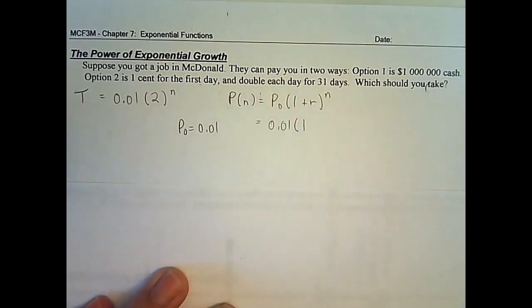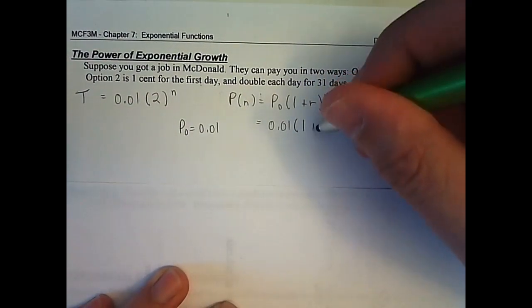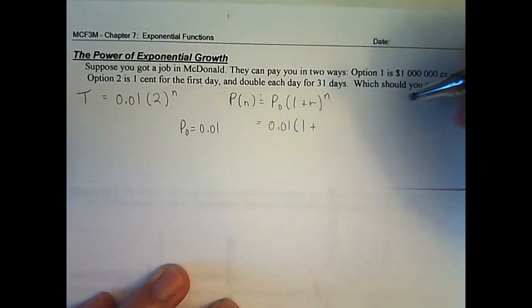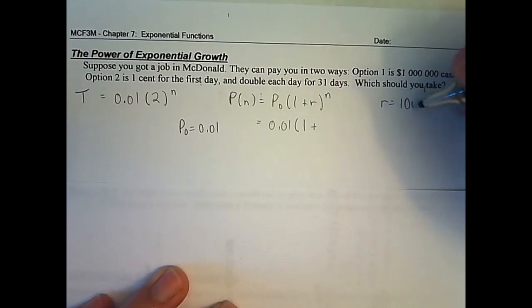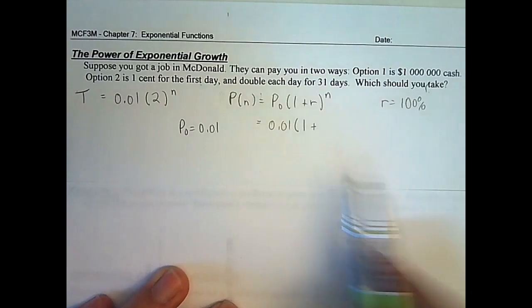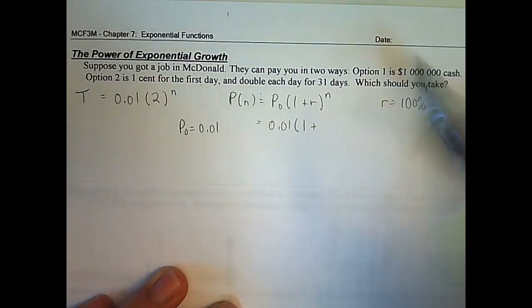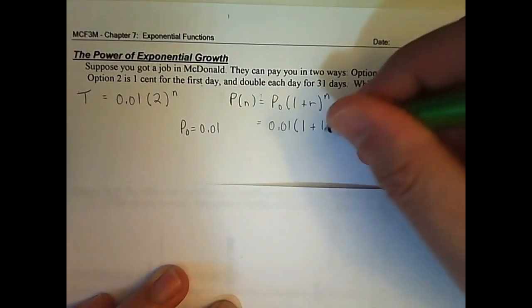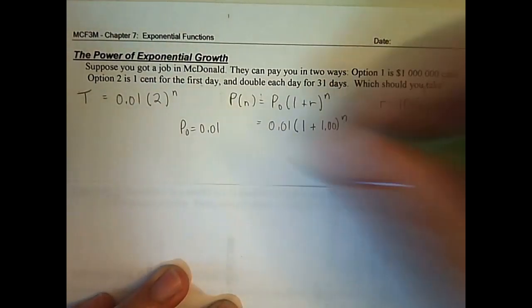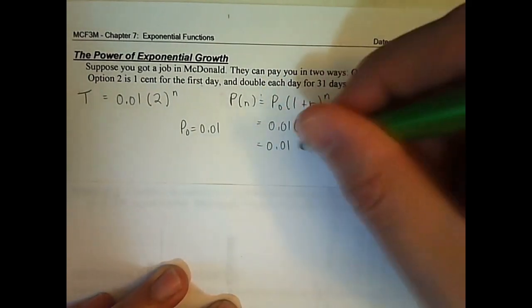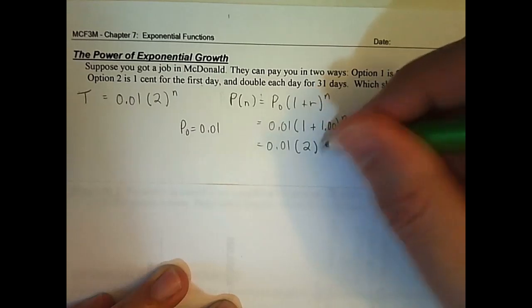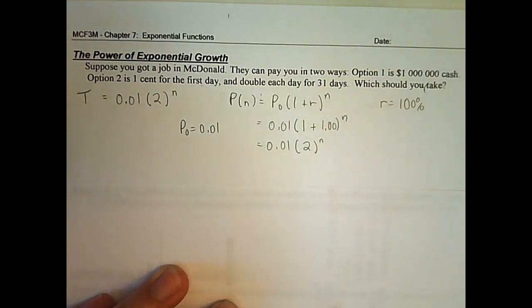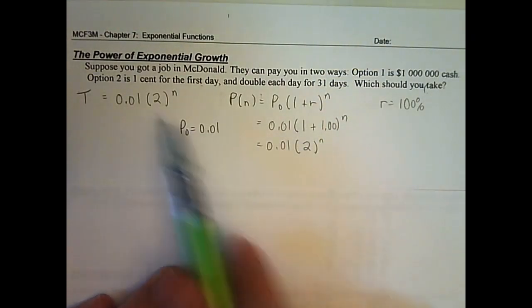You're getting double the amount each day, so your amount plus 100% of that. Your rate every day is 100% of what you have. So we're adding 1.00 here to the power of n, which if I simplify, I just get 2 here. So that's why we have our doubling. This is just how we got this.